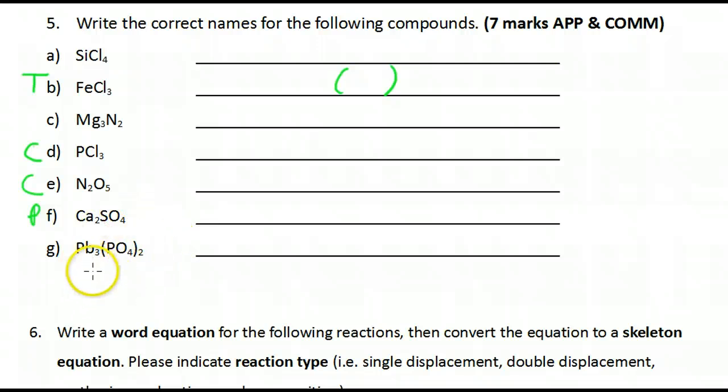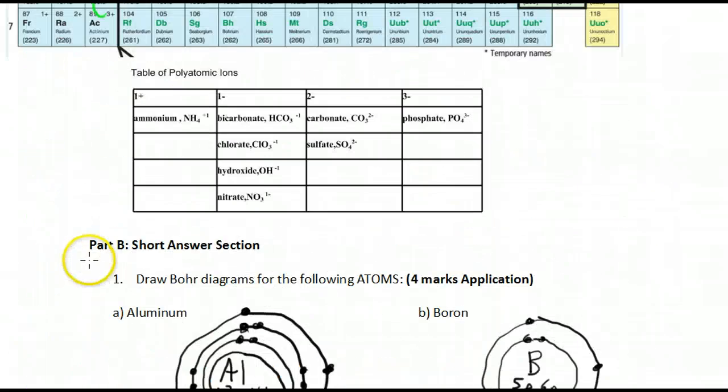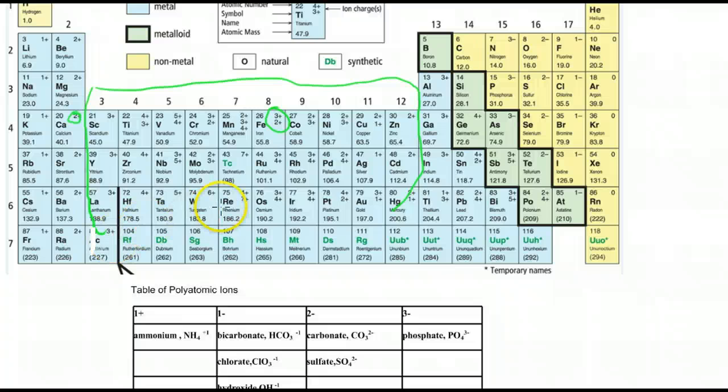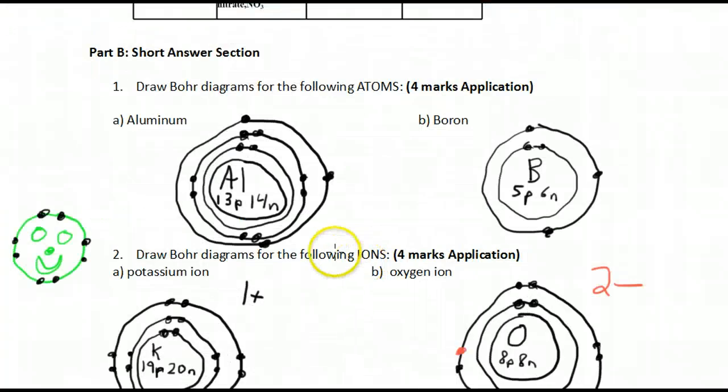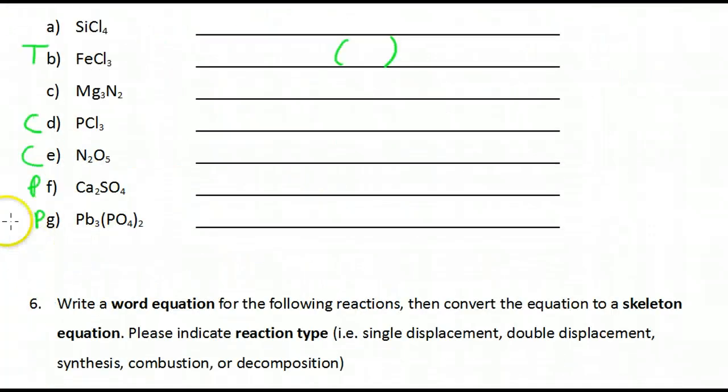And then the last one, we also have a polyatomic, so it's going to end in something with 8 usually. Let's double check to see if it's a transition metal that's multivalent. So Pb, and as you can see, it's over here, and yes, it is. I should have extended this down here, but you can see that it is multivalent, so we'll put in transition metal.